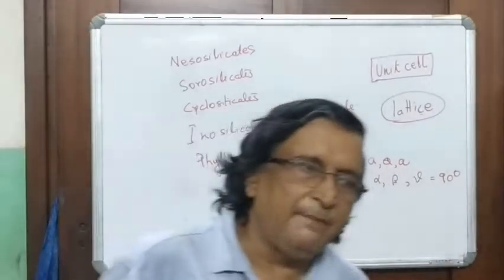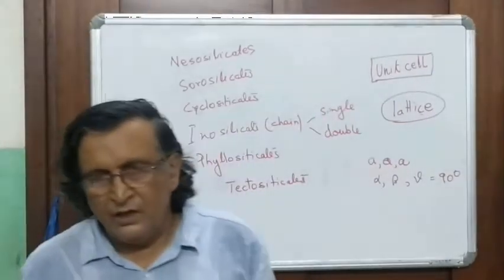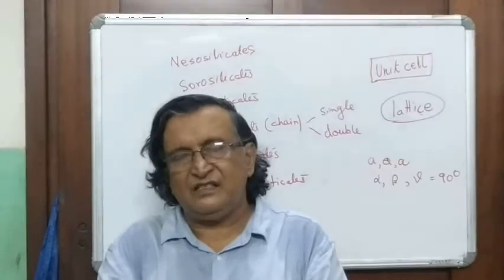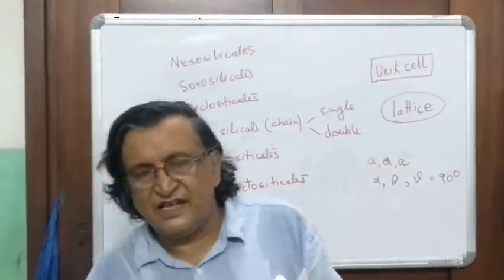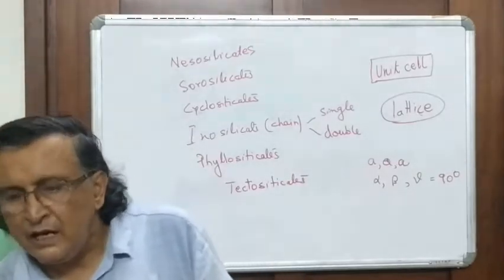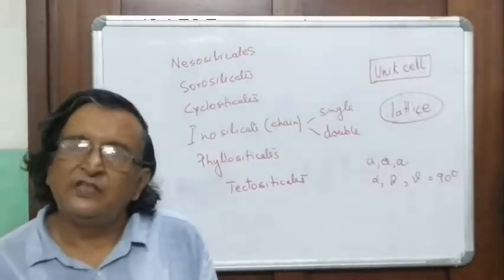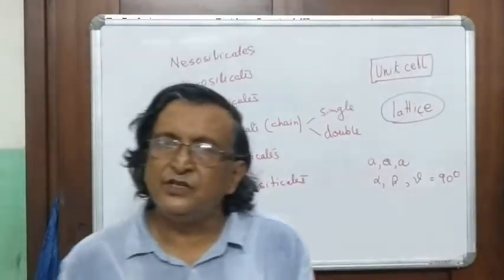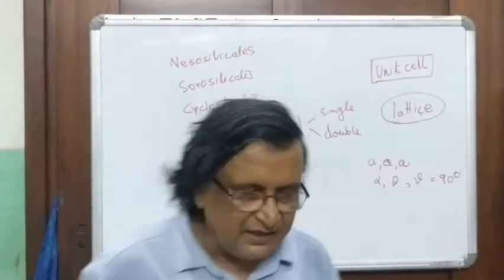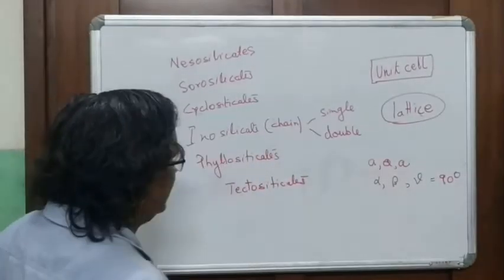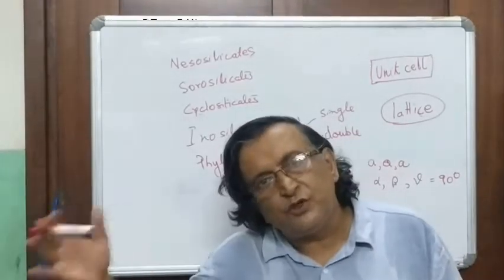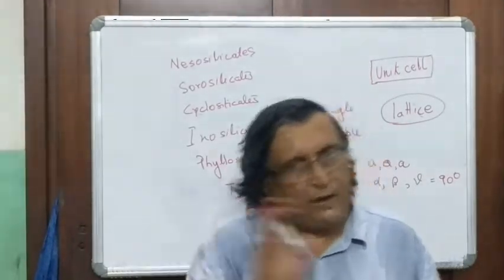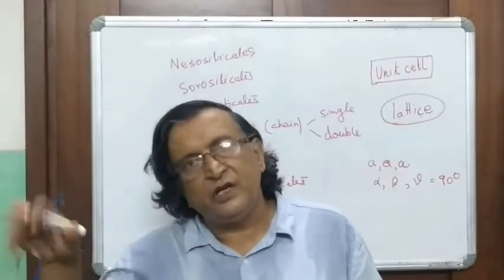But say, for example, in the tetragonal system, the two horizontal axes are the same, called A and A, but the vertical axis is called C because it has a different length. So in the tetragonal system, A1 is equal to A2, which is not equal to C. C is the vertical axis.